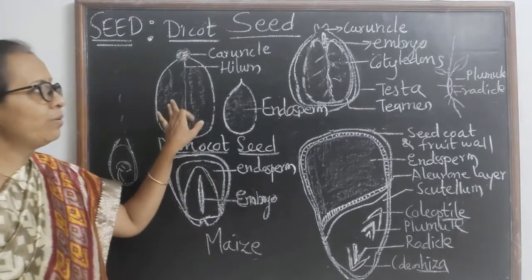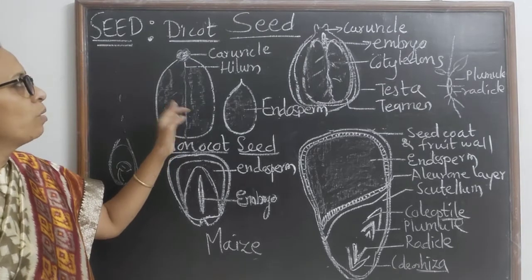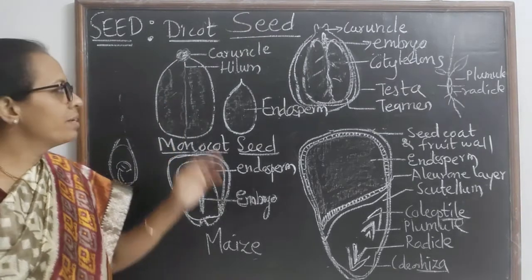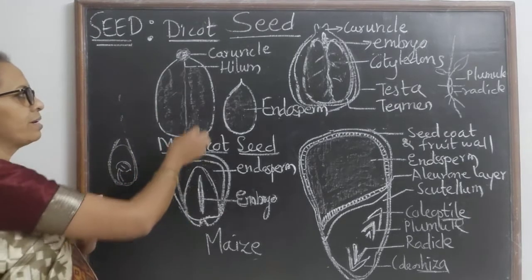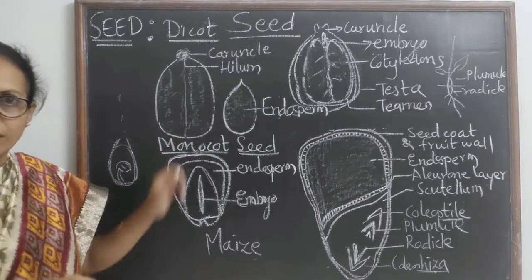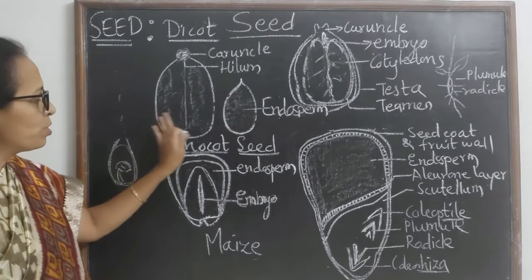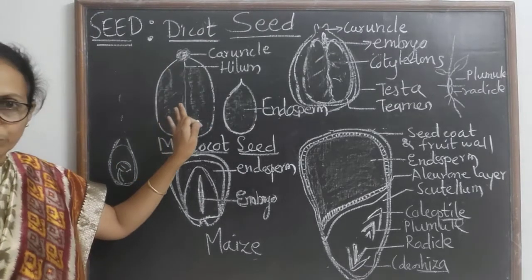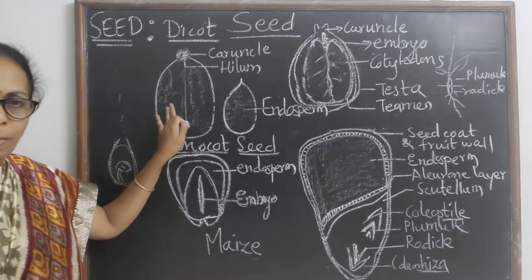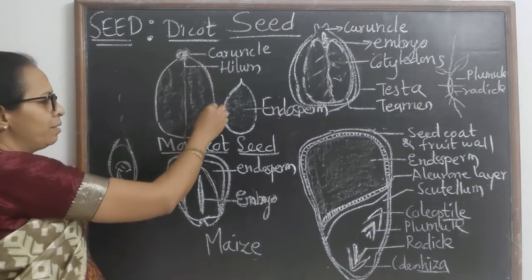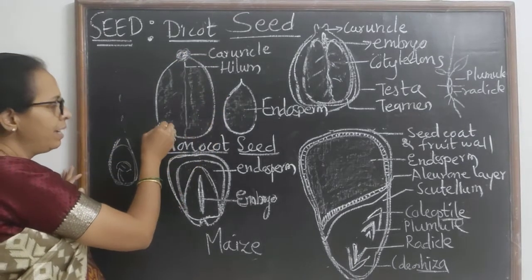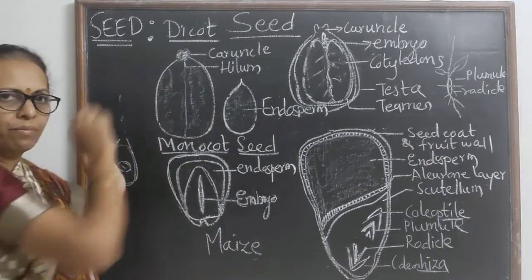So here we have taken a typical example of a dicot seed, that is the castor seed, where we are observing some external features. The outermost hard region is the seed coat, which shows margins that are slightly broader at one end and tapering at the other end.